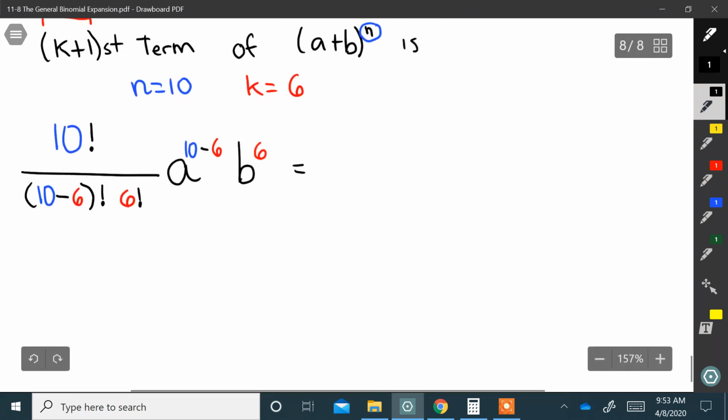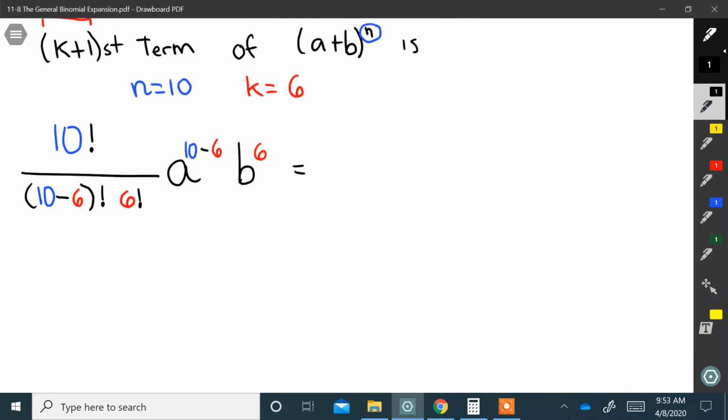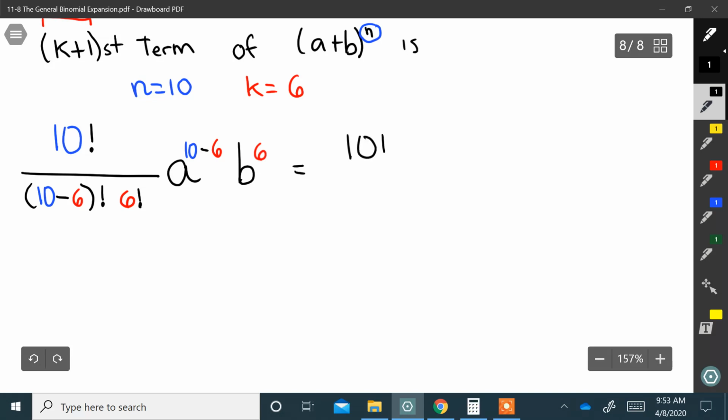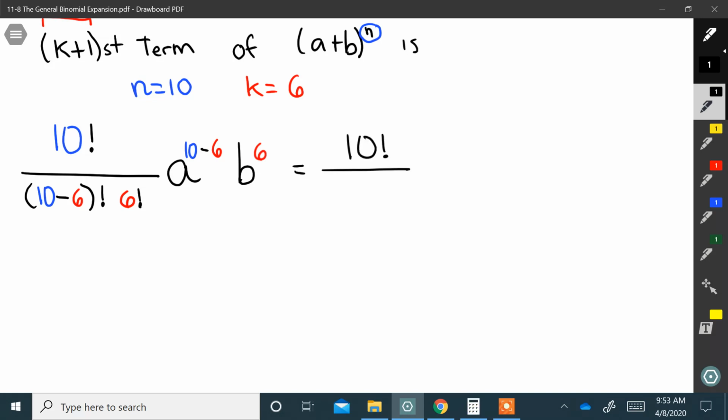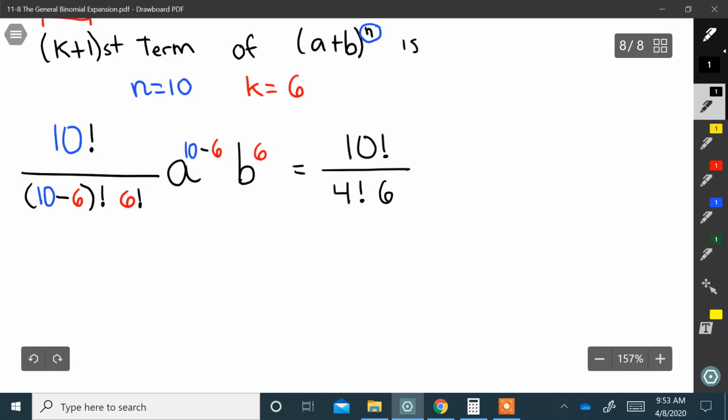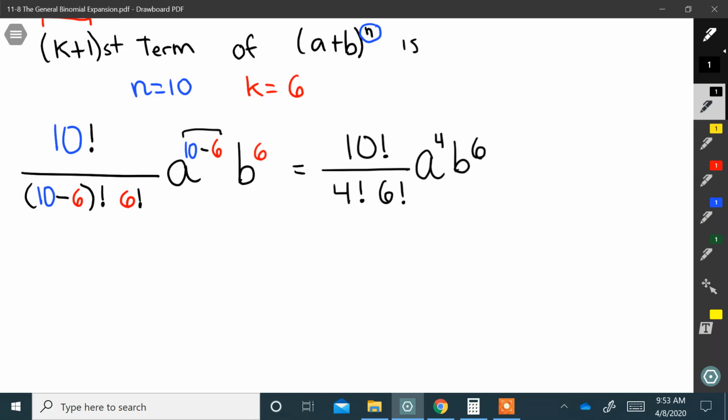All right, let's simplify that. We have 10 factorial over 10 minus 6, guys, that's 4 factorial, and then we have 6 factorial. We have 10 minus 6 there, that's going to be 4 b to the 6. All right, so I want to simplify that as much as possible.